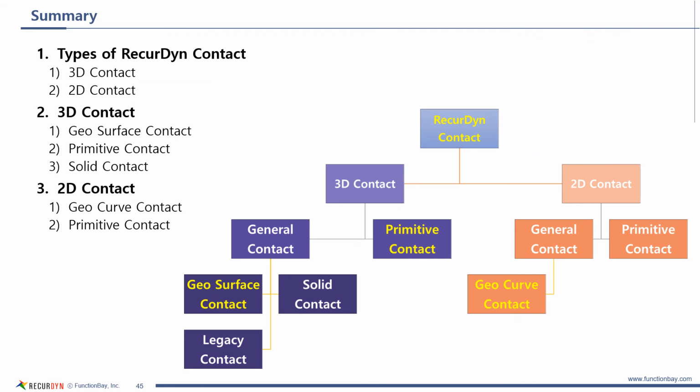RecurDyn Contact can be divided into 3D contacts and 2D contacts. For 3D contact, I recommended Geosurface Contact for most cases. And I explained primitive contact and solid contact. For 2D contact, I just explained briefly about GeoCurve contact and primitive contact.